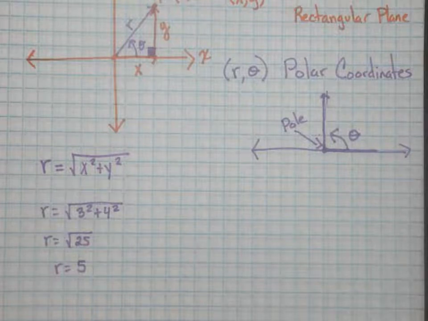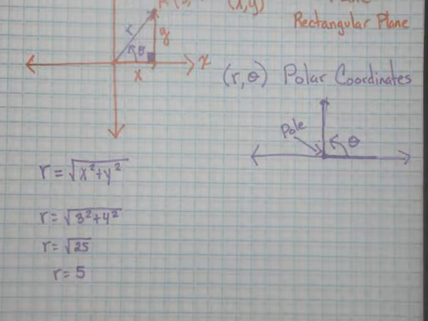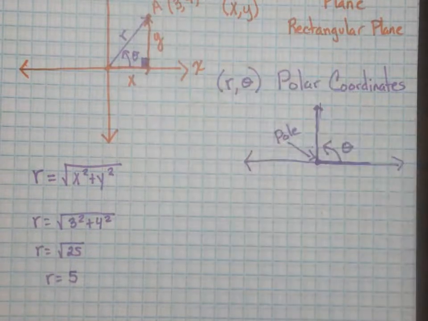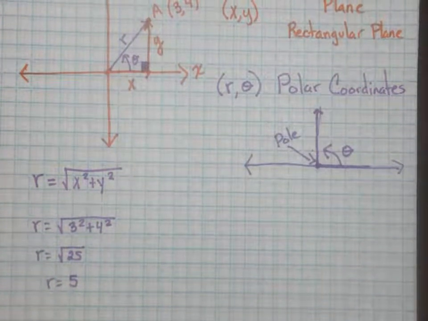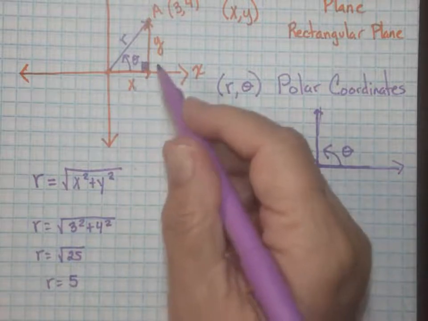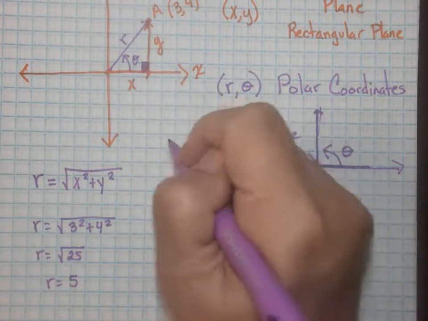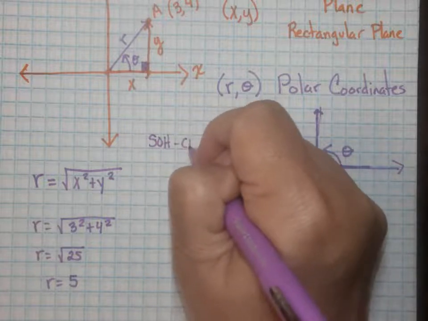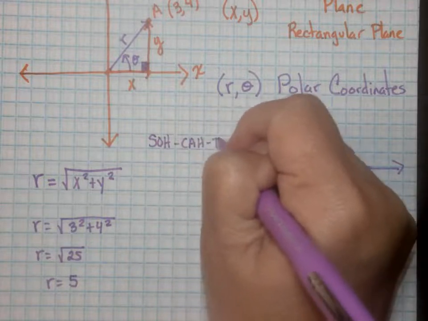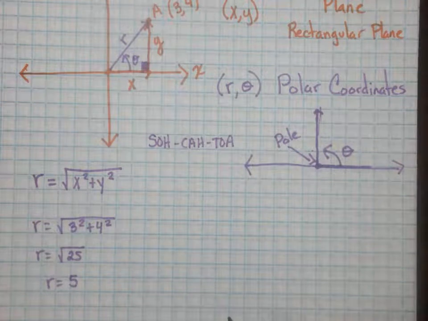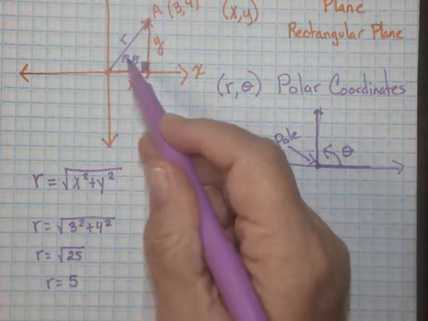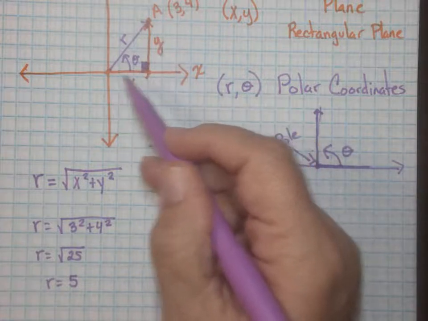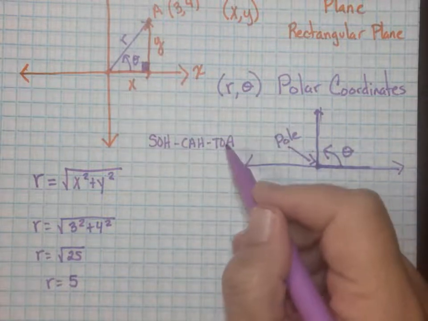Now, when we learned about vectors, we also learned how to find this directional angle. So if you recall, we said, hey, we've got a right triangle. So let's think about trigonometry. SOHCAHTOA. And if this is my angle theta, y is my opposite, and x is my adjacent.